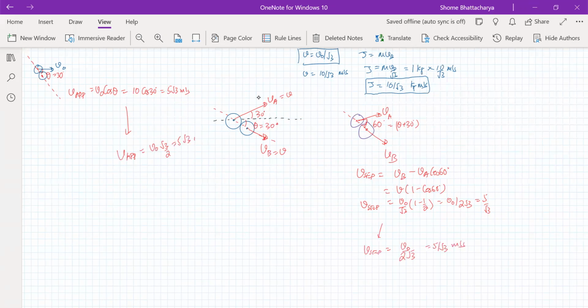So now we can see that our coefficient of restitution is 1 by 3. So yes, Adinath, that answer was correct.